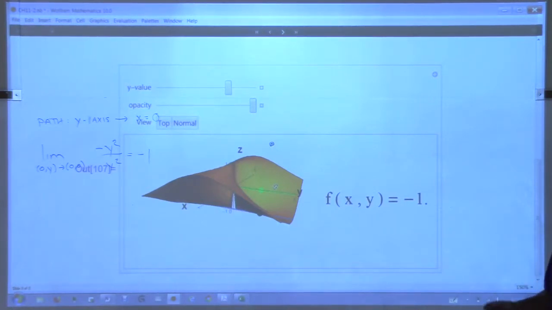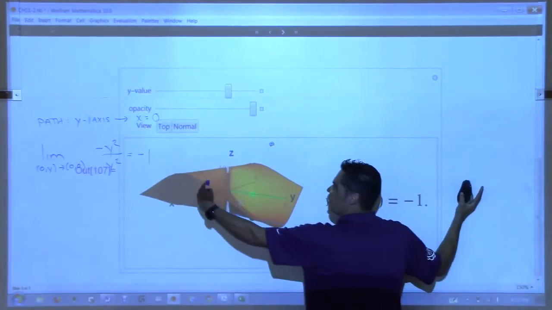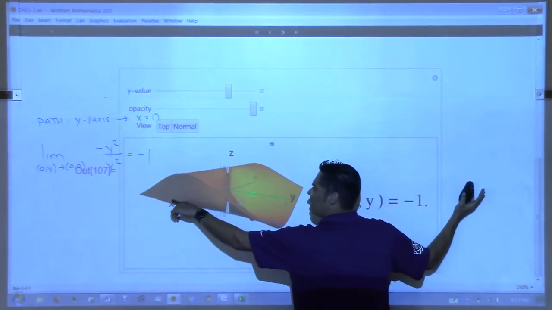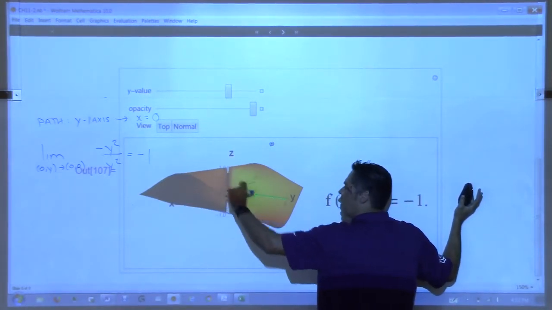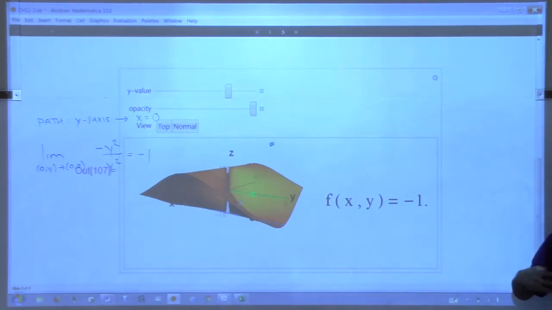Some weird little fortune cookie shape or something. So we've got this upper ridge over here, and this lower ridge down here. At (0, 0), it's undefined, but coming in from two different paths, your z values are headed towards two different things. Not too bad?